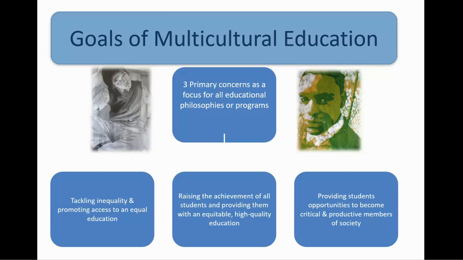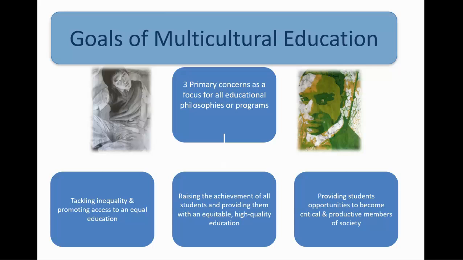We want to think about how we can promote equitable, high quality education for everybody across the board, knowing that all of our students are very unique and come to us with unique lived experiences, challenges, strengths, and so on. And then finally, we want to think about ways that we can provide students with opportunities to become more critical, creative, and productive members of society.